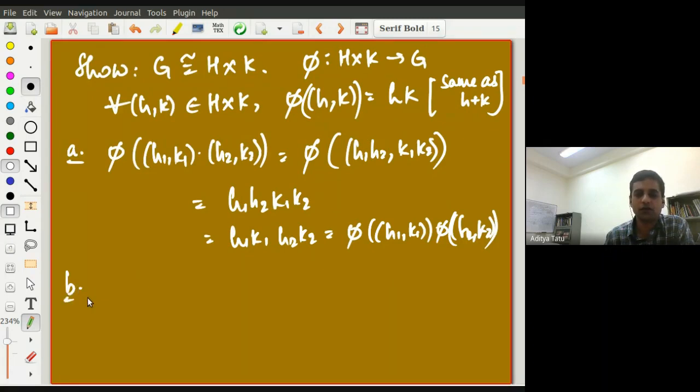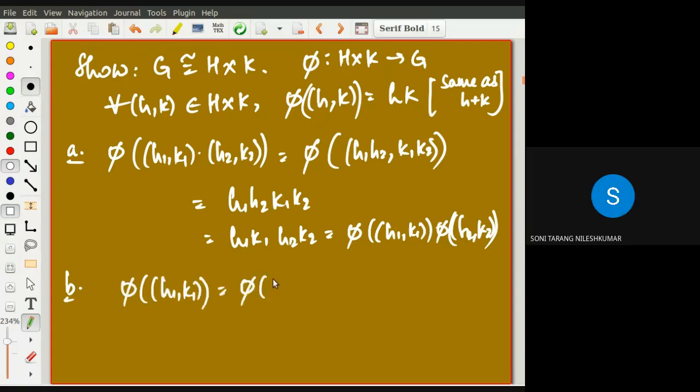How about one-to-one and onto? Sir, as H intersection K is the identity element, that is why H plus K will be a unique representation of G. That's why it is one-to-one.